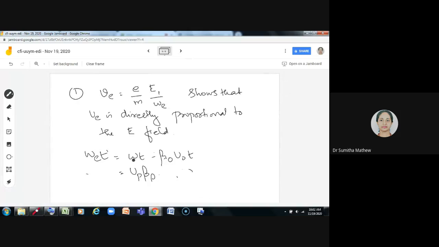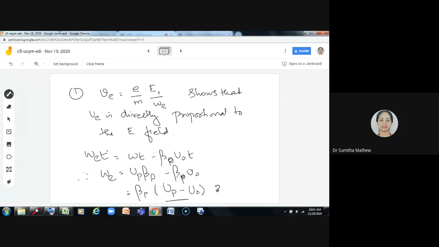So instead of omega, we can write beta p Vp, and cancelling out t, omega is equal to beta p Vp minus beta p v naught. So what is that? Beta p into Vp minus v naught.